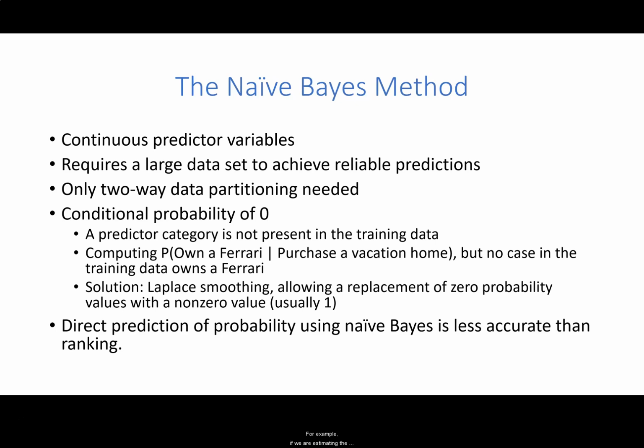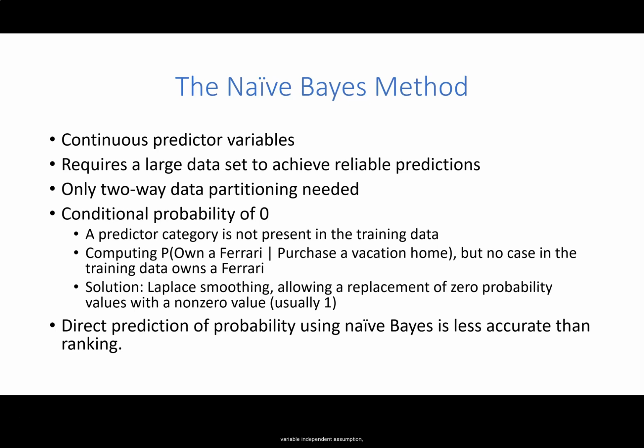For example, if we are estimating the conditional probability of someone owning a Ferrari given that the person has purchased a vacation home, if no one in the training dataset owns a Ferrari, it will make the conditional probability 0 as well. The solution to this issue is often the Laplace smoothing technique, which replaces the 0 probability value with a non-zero value. In most cases, it will be replaced with the number 1, which results in no effect on the computation of the probability.